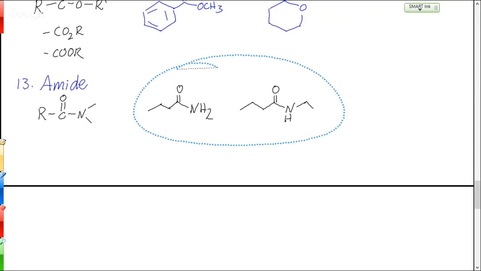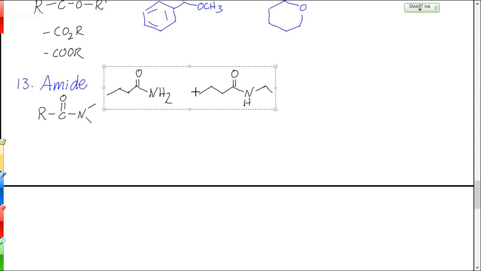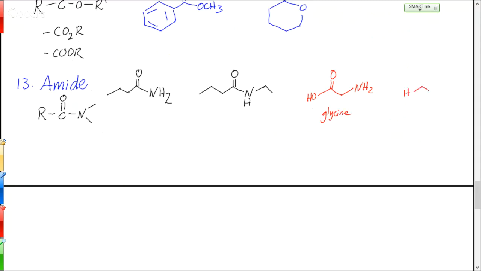So if we take a couple amino acids, like let's say this is glycine, and this is alanine.